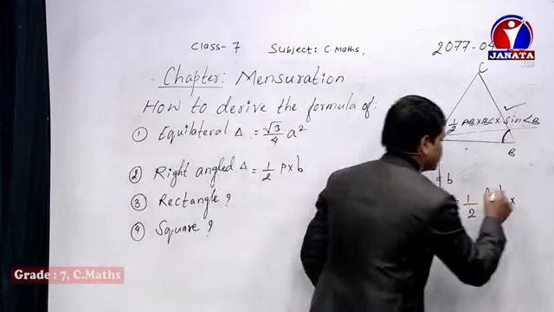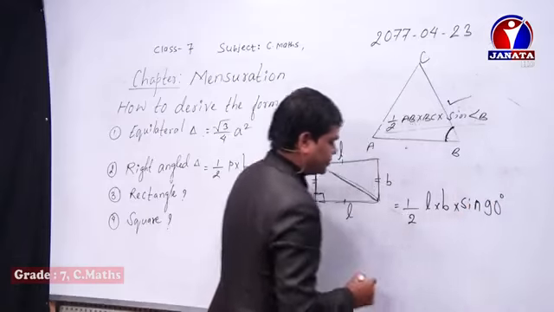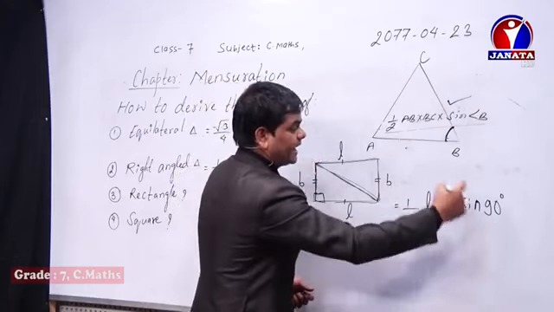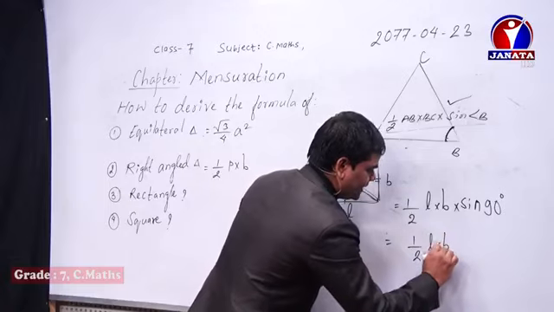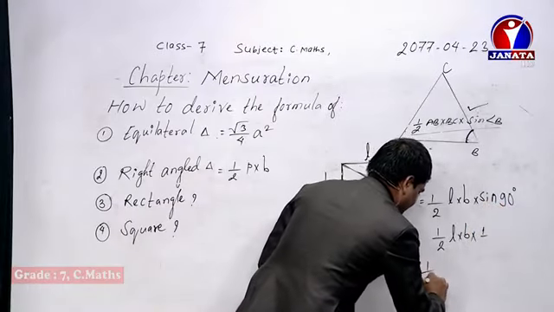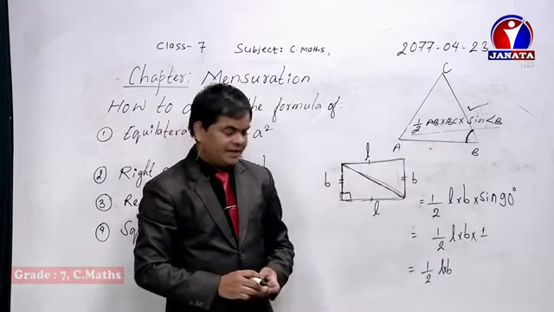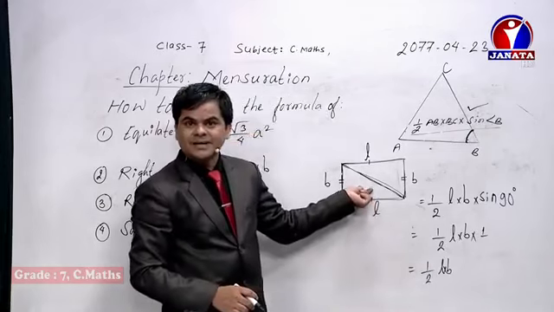So you can write sine 90 degrees, isn't it? If you calculate all these, it will be 1/2 L into B into sine 90 degrees, whose value is 1. So altogether we got 1/2 L into B. This is the area of one triangle, dear student, isn't it?